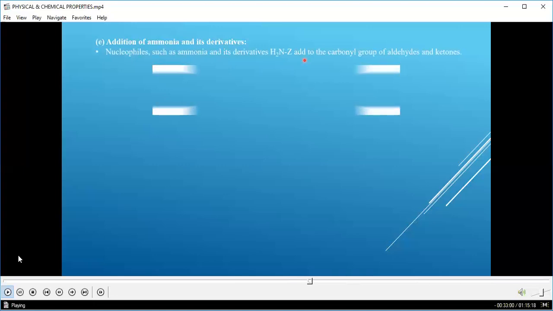Next comes addition of ammonia and its derivatives. Nucleophiles such as ammonia and its derivatives means we have a large number of nucleophiles containing this amino group. We know ammonia means NH3. Now when one of the hydrogens is replaced by any other substituent, it is termed a derivative, which is to be added to the carbonyl group of aldehydes and ketones to obtain a large variety of products.